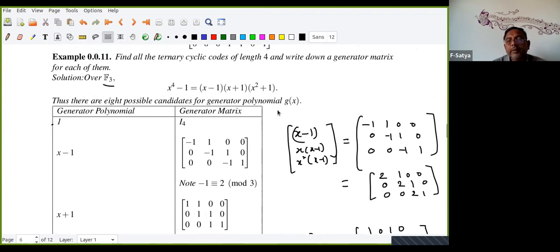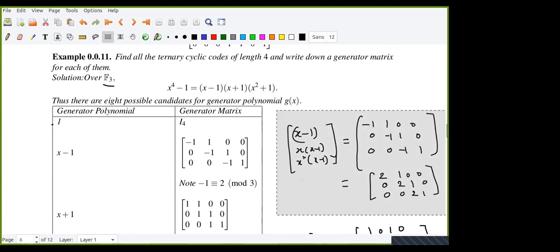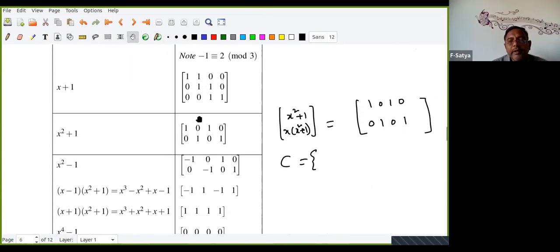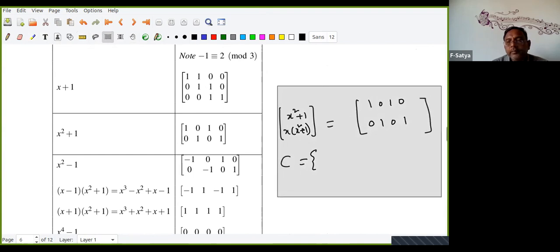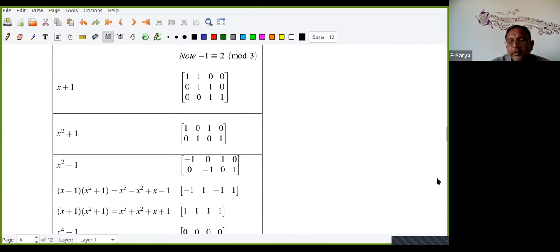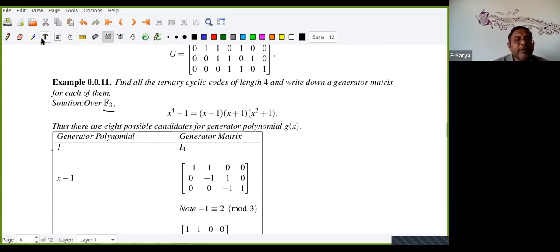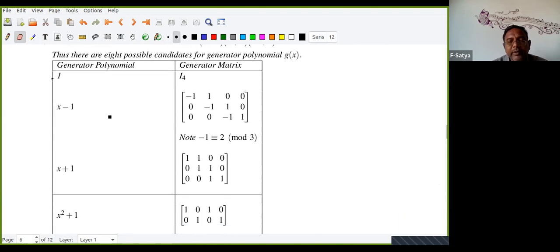Can you tell me now? 9. Good. We have 9. So try to write them and find the distances and all. But here it is much easier. Basically, if you work more with cyclotomic cosets, they will help you figure out the distances and those things also.